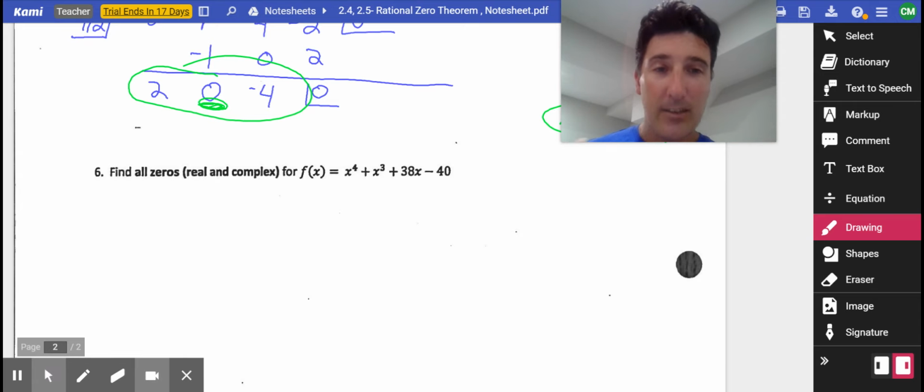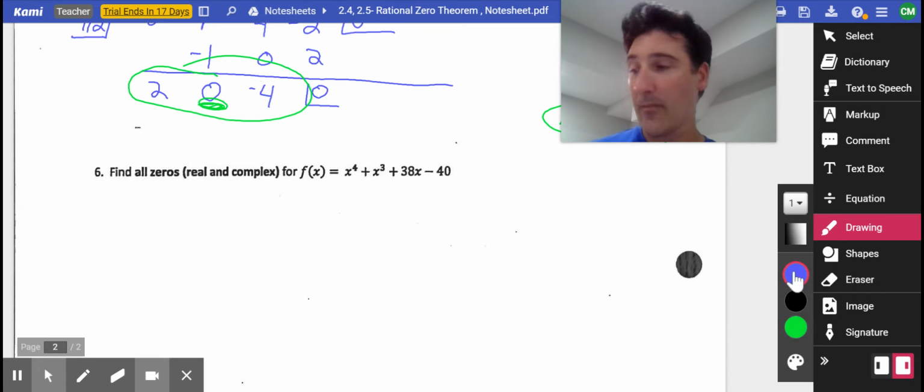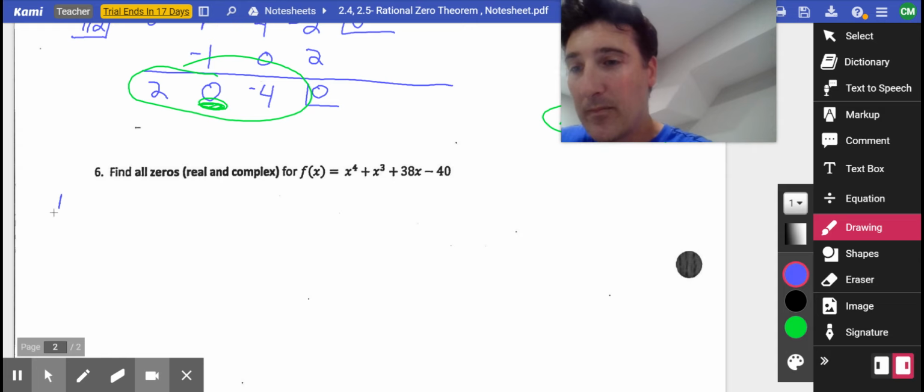We're just going to save time. Out of that whole list, I have to do synthetic division successfully twice to get down to a quadratic. And the ones that work for this are 1 and negative 4. So it's not messy like the last one where you had negative 1/2. So I'm going to go right to 1.